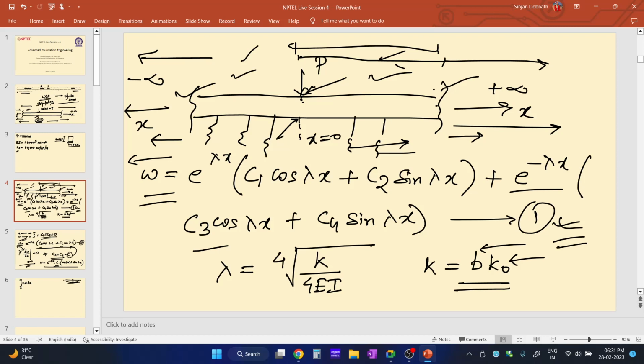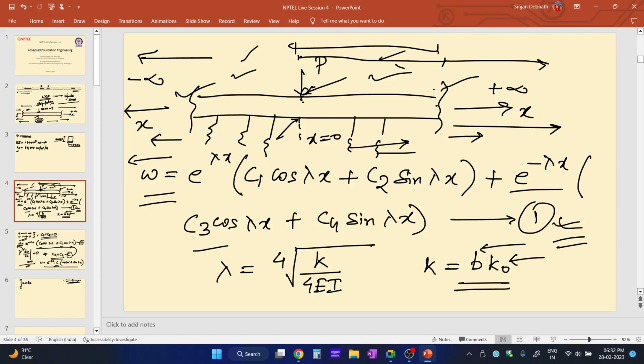The spring constant is k or k0, and the spring deflection is w, so the reaction force will be k into w. If we integrate it from 0 to positive infinity, we get the total reaction force acting on the right hand part.